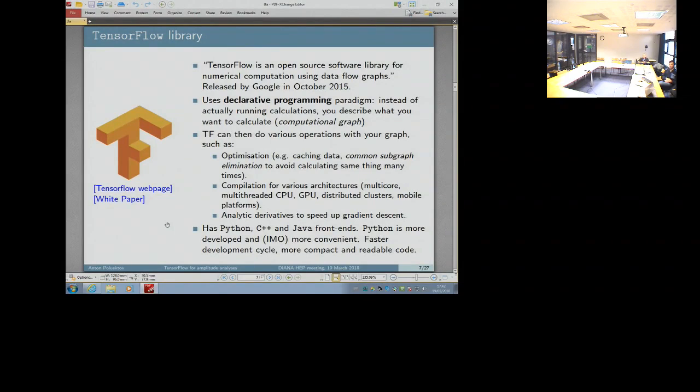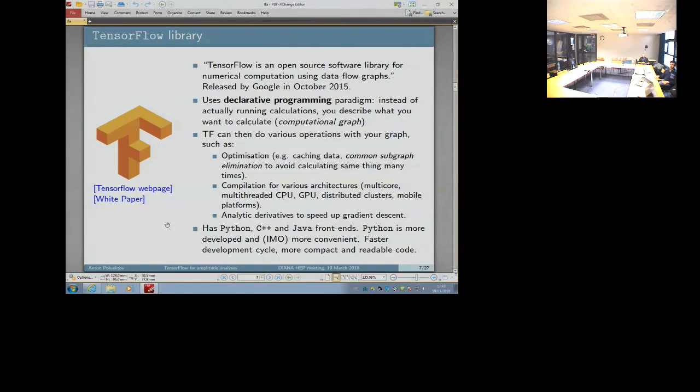So the feature of this library is that it uses a so-called declarative programming style. So instead of actually running calculations one by one, you first describe what you want to calculate. So you describe, as they call it, a computational graph.